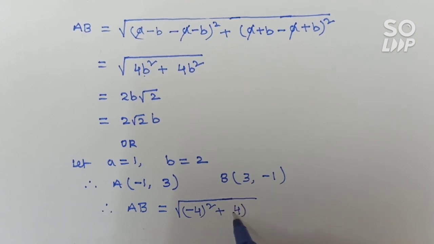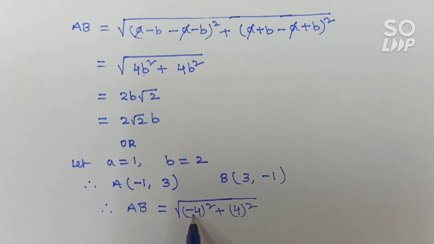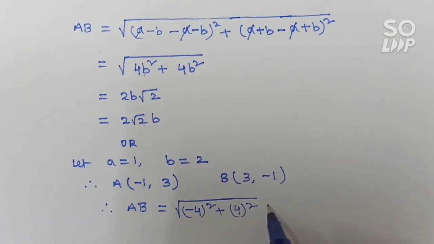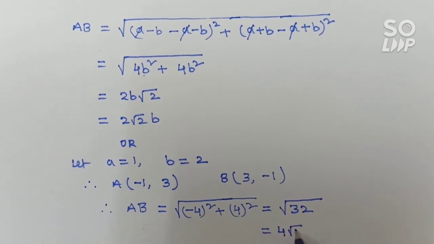Here, even with minus or plus, when the square is there it will be the same. That equals the square root of 16 + 16, that is 32. So you can write this as 4 into root 2.